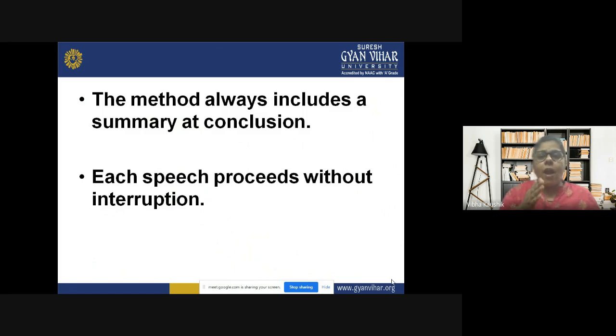Means after the symposium, or after the experts have shared their viewpoints, there should be a summary of all the discussion that has been held during the symposium, and it should be done before the conclusion of the symposium.